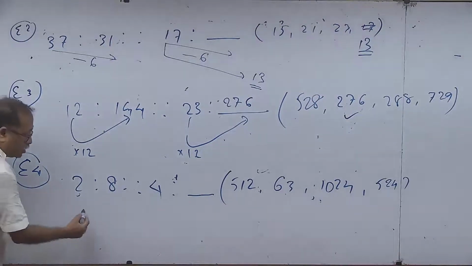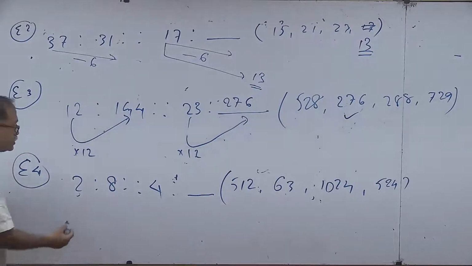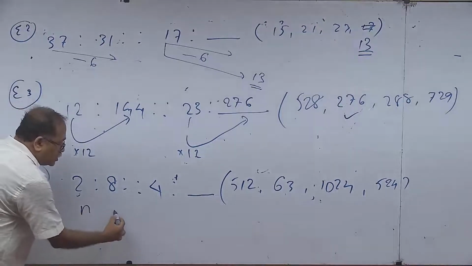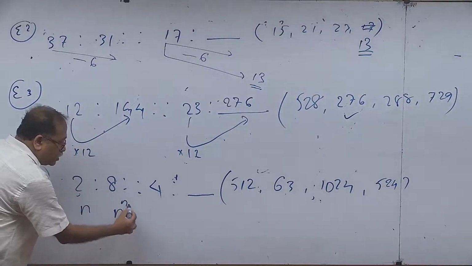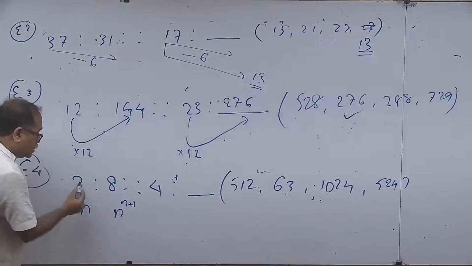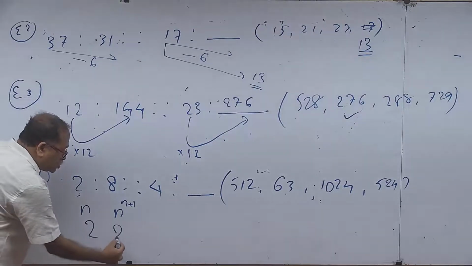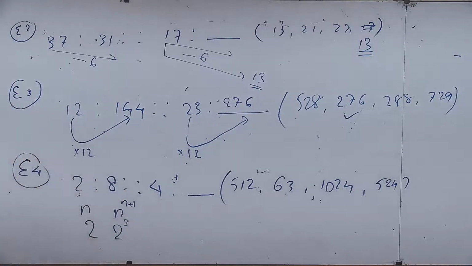Yes. N power n plus 1. If this is n, then this is n to the power n plus 1. Look at this one. This is 2 and this is 2 to the power 3. And what is that 3? 2 plus 1. Yes or not?